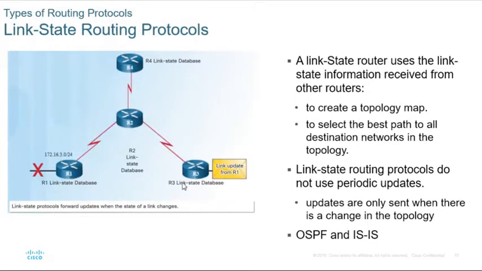Now let's take a look at its counterpart, the link state routing protocol. In contrast to distance vector operation, if a router is configured with a link state routing protocol, it can create a complete view, or map, or topology of the entire network.